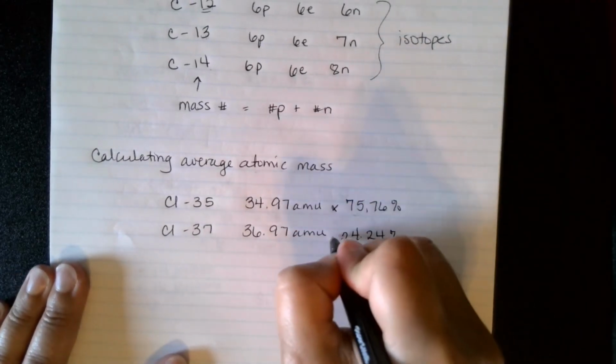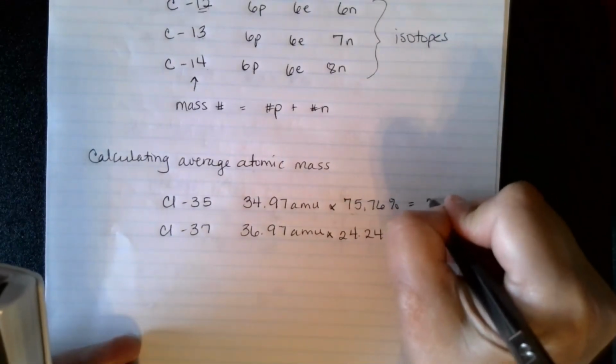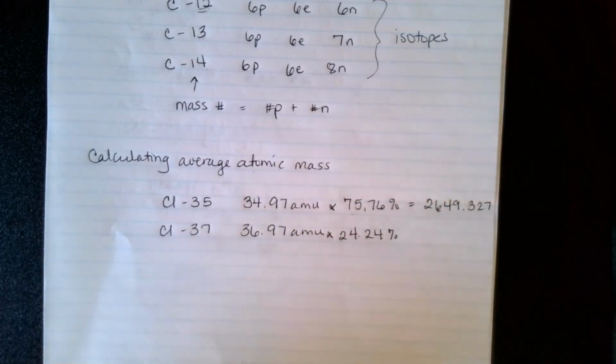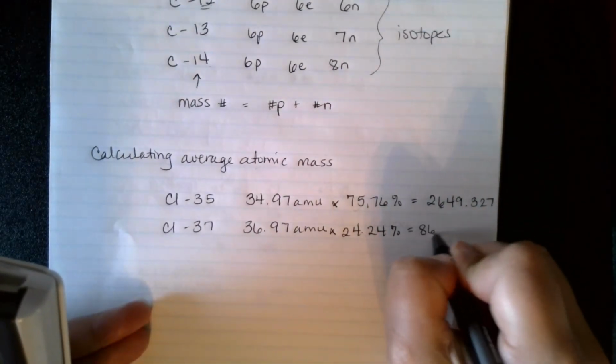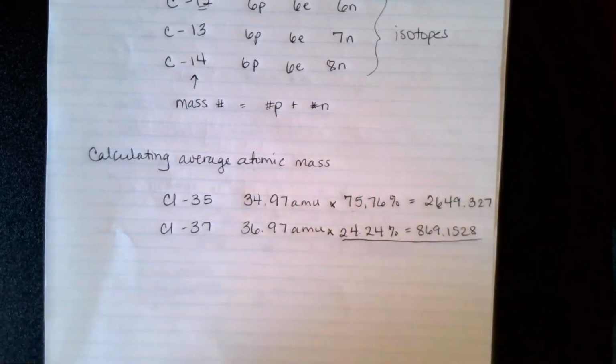Okay, so I'm going to multiply my percentage times my AMUs. Then I'm going to add those two numbers together.